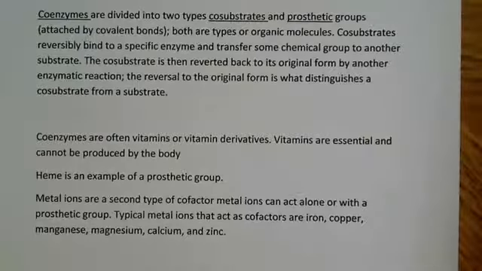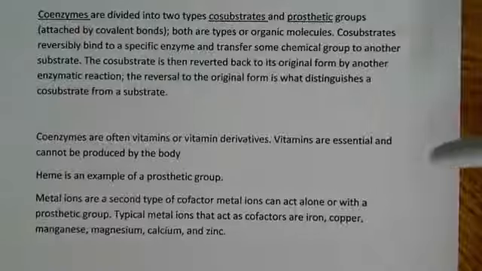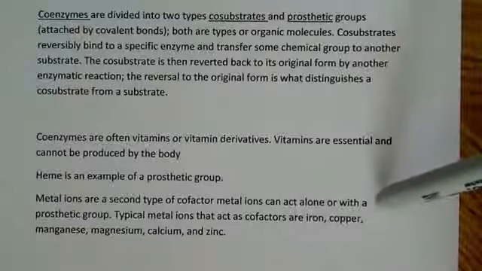Heme is an example of a prosthetic group. Remember from hemoglobin, or you might remember that from cytochromes, which are involved in the electron transport chain. They're involved in the movement of electrons between the different respiratory complexes. So that's another place where you'll find heme. And metal ions are a second type of cofactor. Metal ions can act alone or within a prosthetic group.